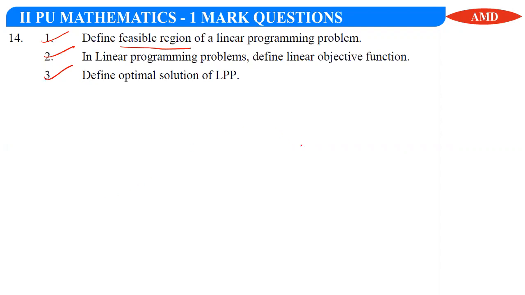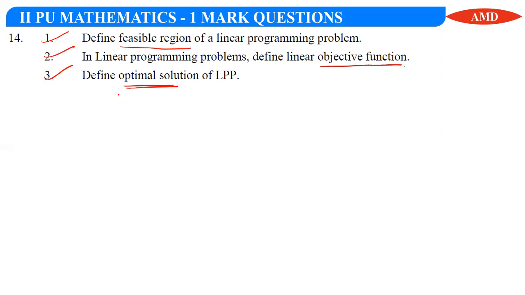The second definition is the objective function. What is an objective function? It is a linear function which needs to be either maximized or minimized depending on the problem. So you can write it as a linear function which needs to be either maximized or minimized subject to the constraints. And the last definition is, what is the optimal solution?